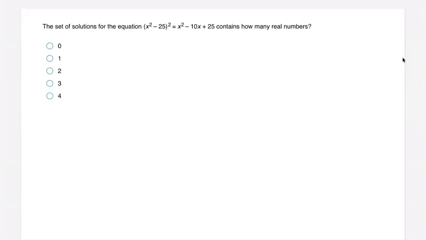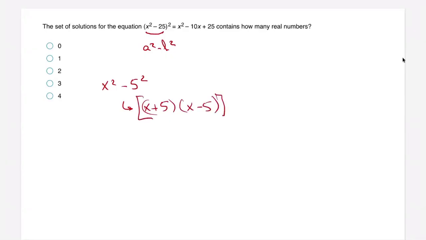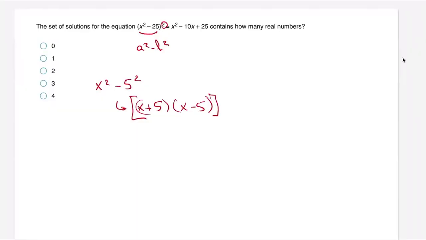The set of solutions for the equation. Okay, look. What is this? A squared minus B squared. So it's x squared minus 5 squared. What is this? X plus 5, x minus 5, and it's squared. I will leave it here. What is this? Let's factorize.